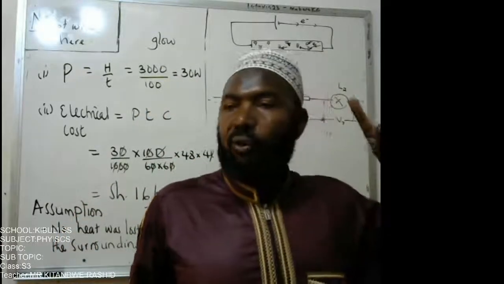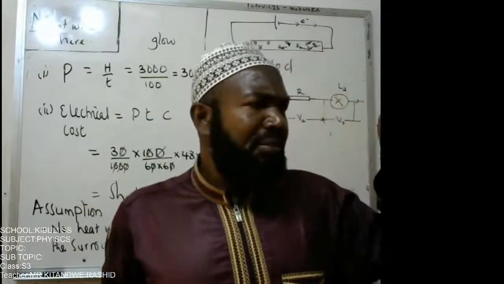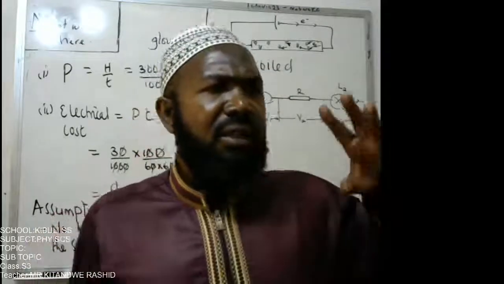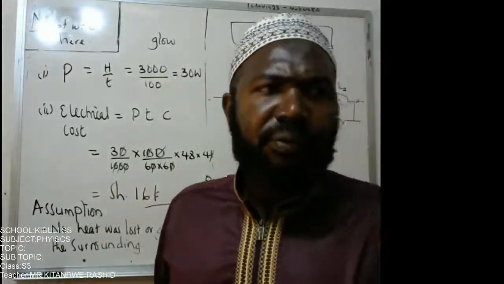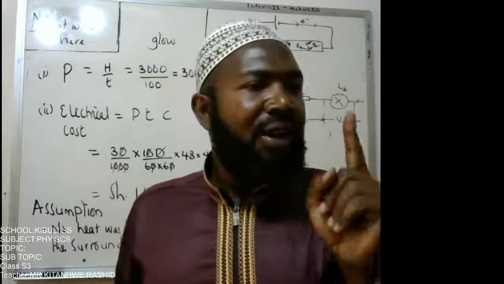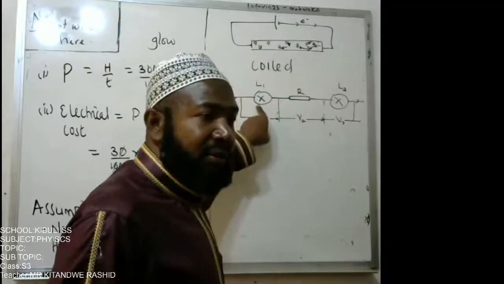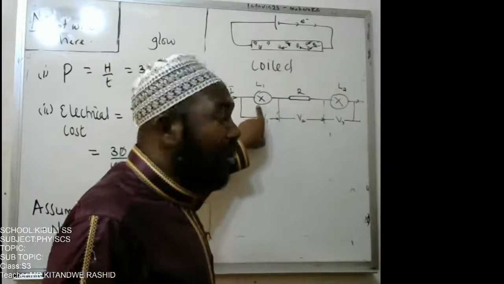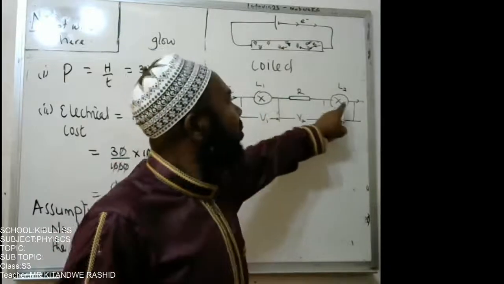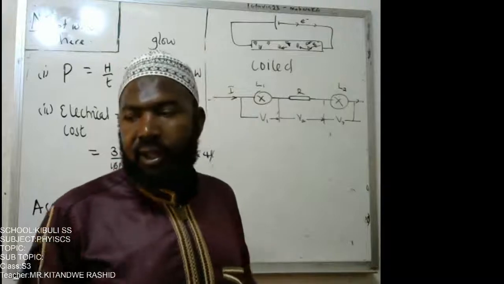Disadvantages of series connection. Why don't we connect most of the lamps in series? These are the reasons. One is that if one appliance is faulty, like this one, if, for example, its fuse blows, the rest will not work. Are you getting it?